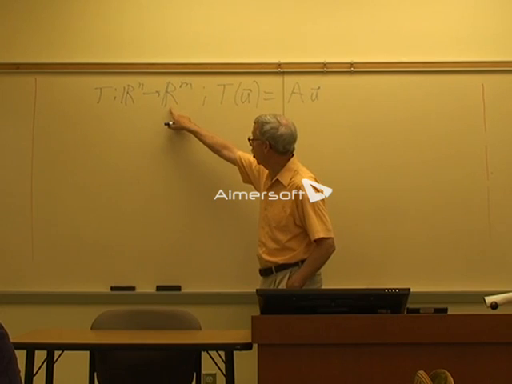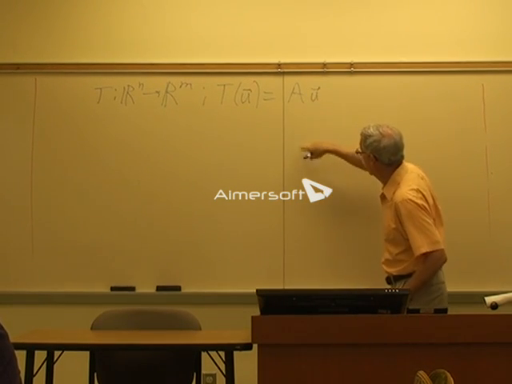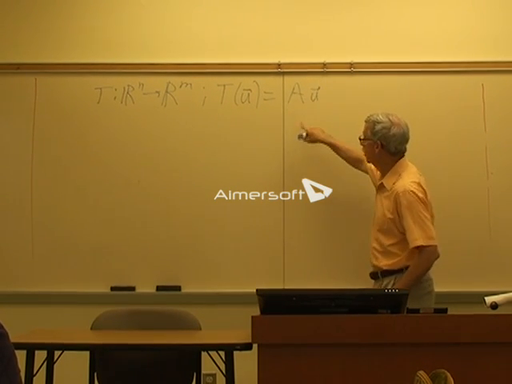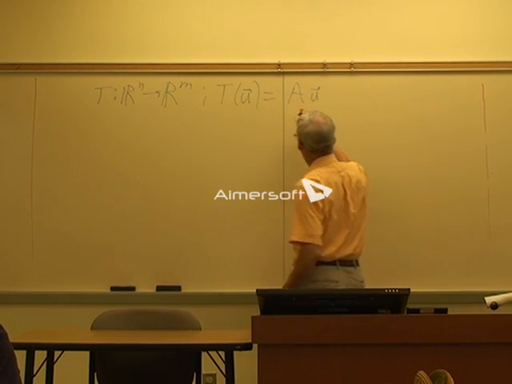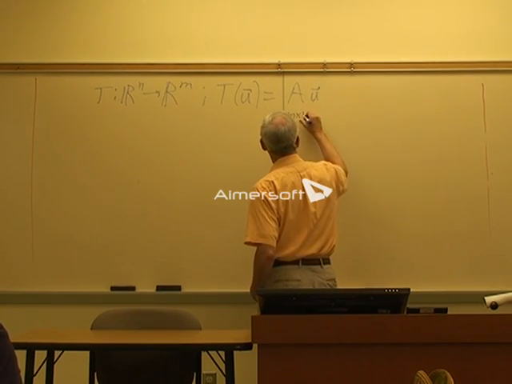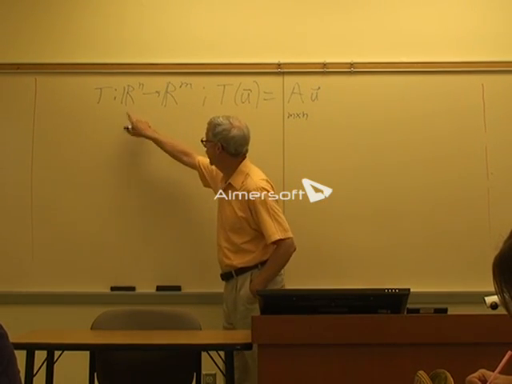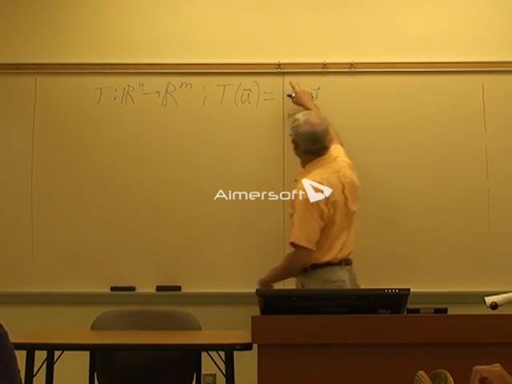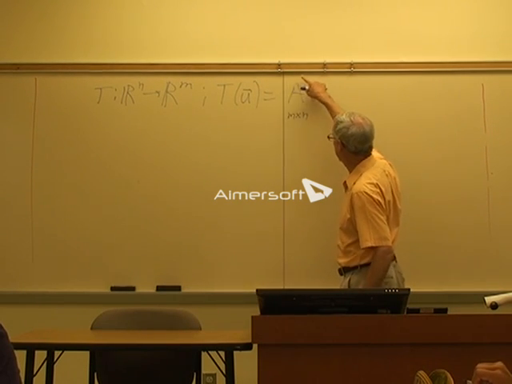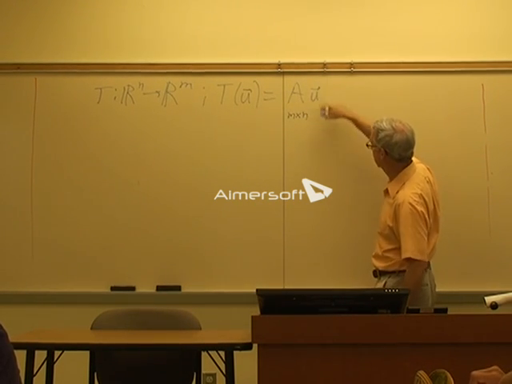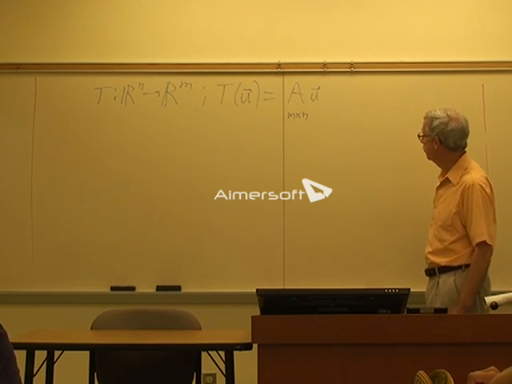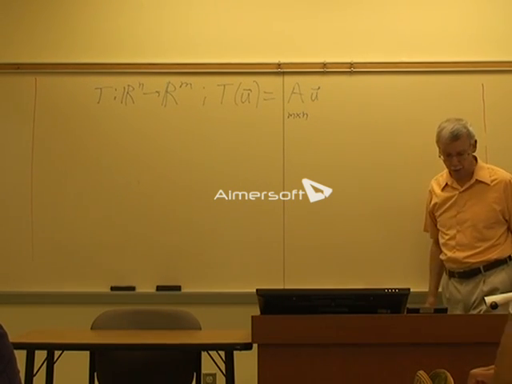Since the answer lives in Rm, the length of the columns of A must be m, so it must have m rows. And in order to take a vector in Rn, I'm doing matrix times vector, so I have to have n columns to dot with the n elements of u. So that must be the dimensions of that matrix.